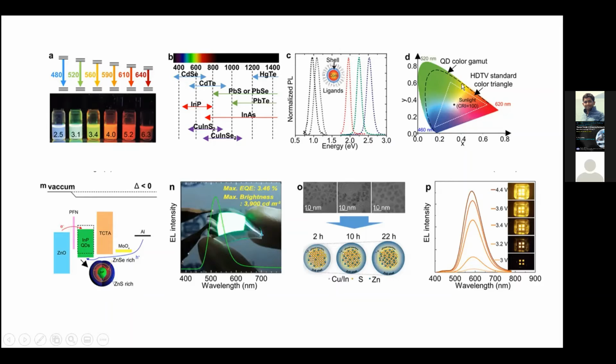But when you have a quantum dot color gamut, it covers almost the whole coordinate. That tells you that it is a better opportunity to make LED kinds of applications, specifically for a quantum dot TV.